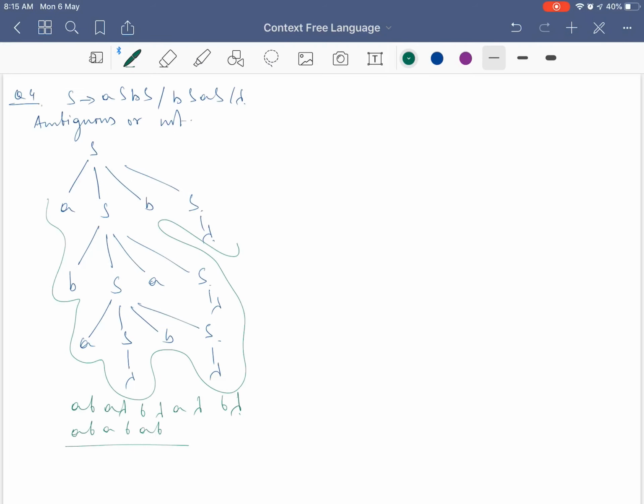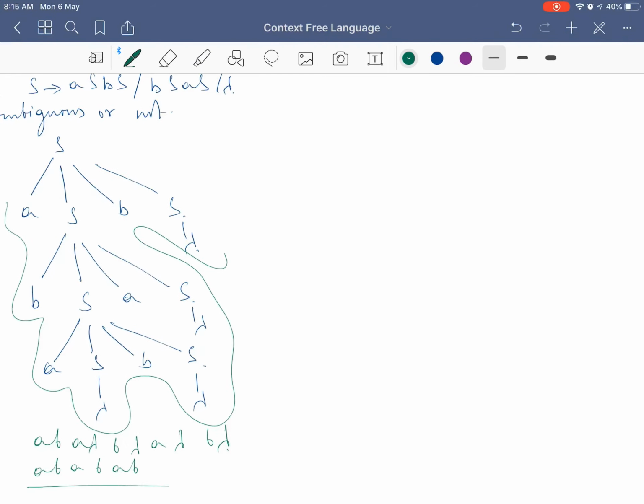Now let us check whether there is any other derivation tree possible from the same grammar or not. So I am starting with S to aSbS. Okay, now I got ab, fine. Then start it down in this one, aS, then bS.